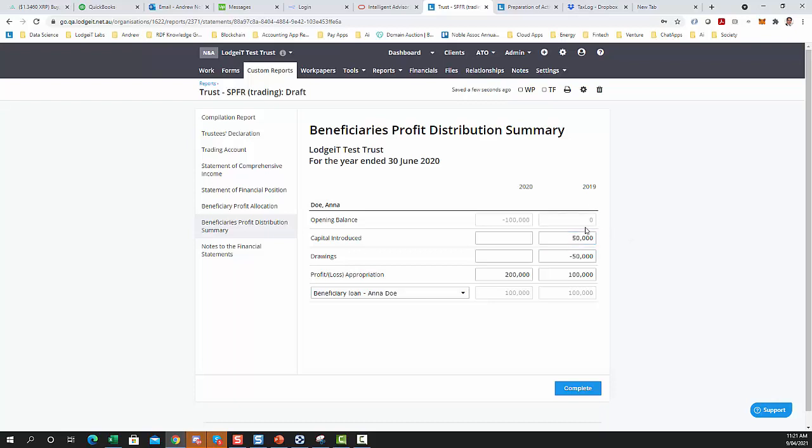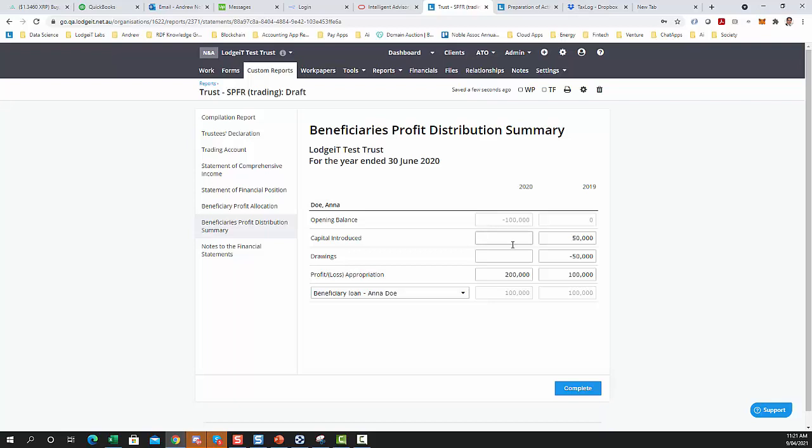So you can see our zero opening balance, and that's reflective of the fact that this is year one for this trust. If there had been an opening balance, then you'd have to resolve what that would be, and that would probably be something like this. Okay, where you'd figure that there was either a positive or negative opening balance. But anyway, for this year, that's the scenario.